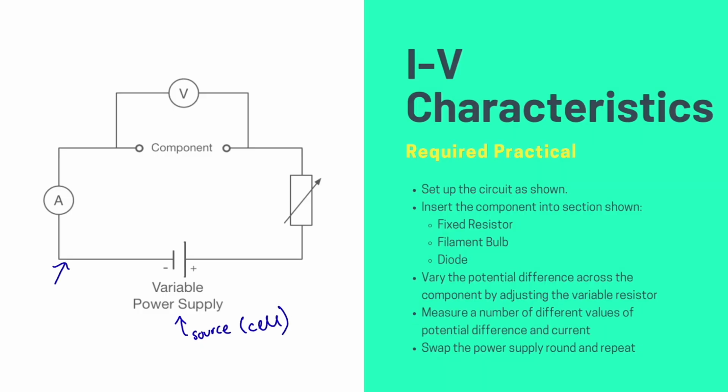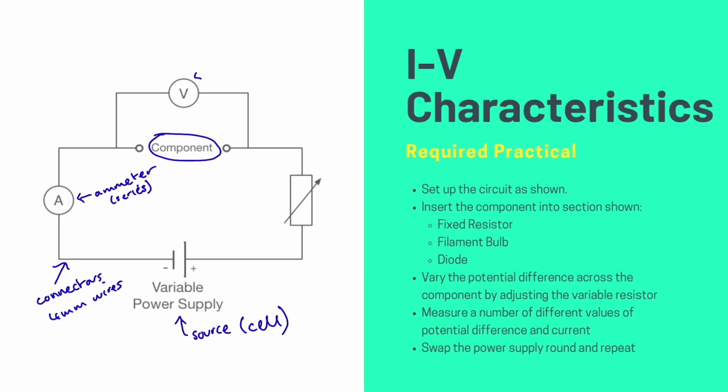We have connectors, which are our wires, and we call them 4mm wires. And that's to do with the size of their connections at the end. We have an ammeter in series with the circuit. That means it's inside the big loop. And then we have our component, and this component here is either the filament bulb, the fixed resistor, or the diode.